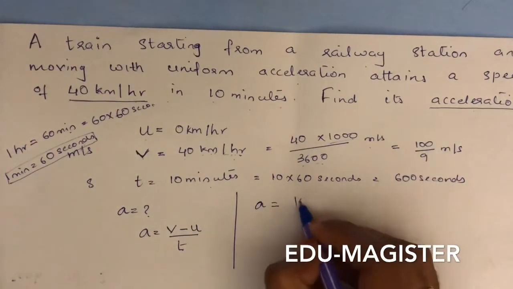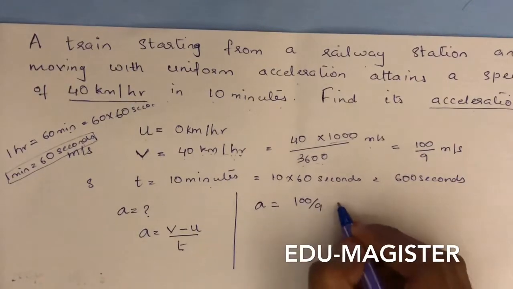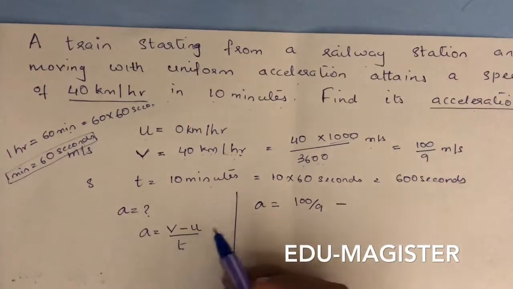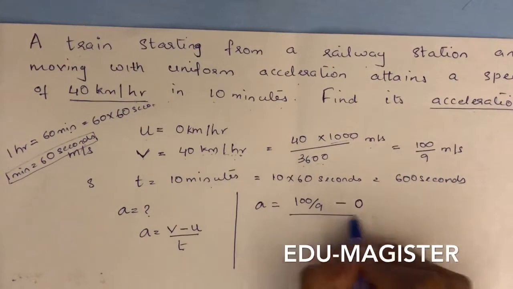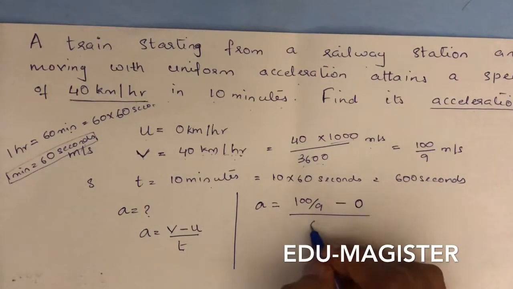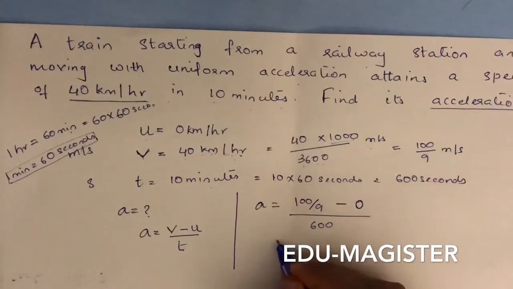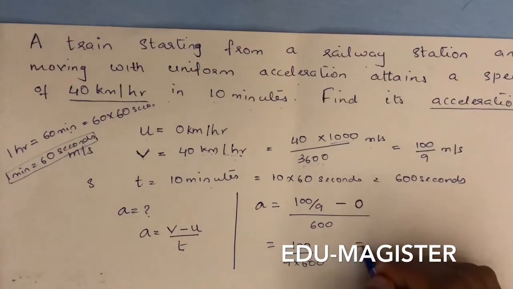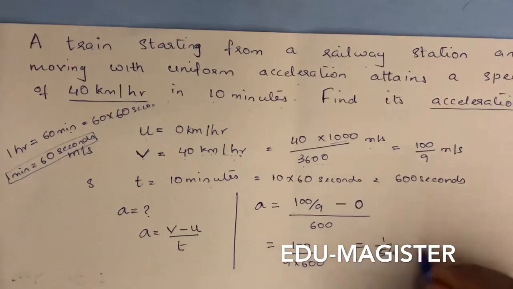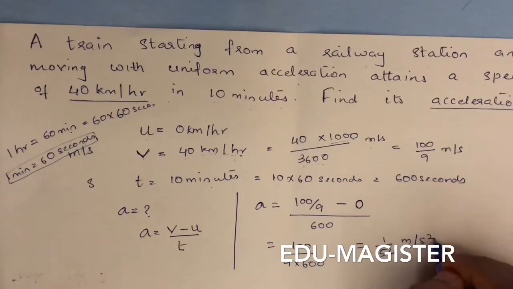That is 100 by 9 minus initial velocity, which is 0, by time, which is 600. So if I simplify this, I get 100 by 9 into 600. The final answer is 1 by 54 meters per second square.